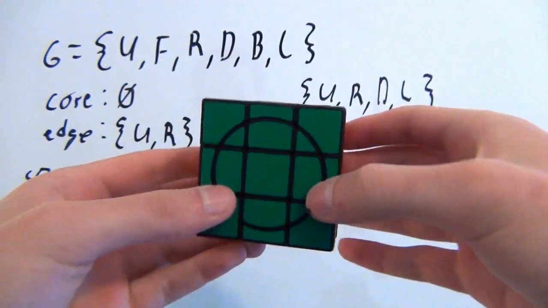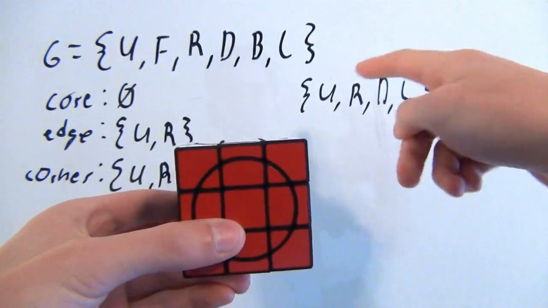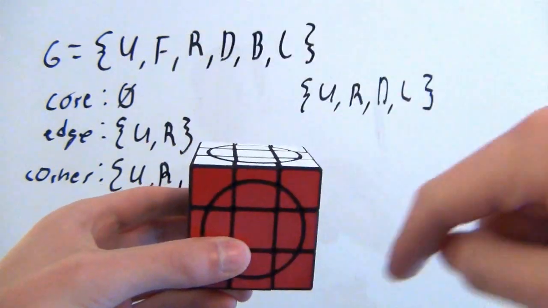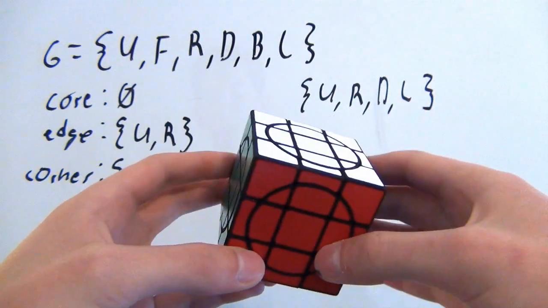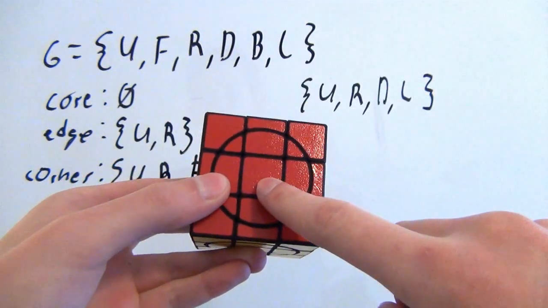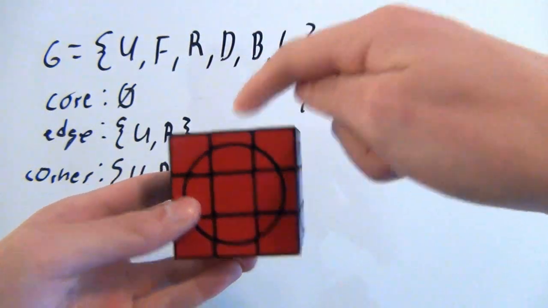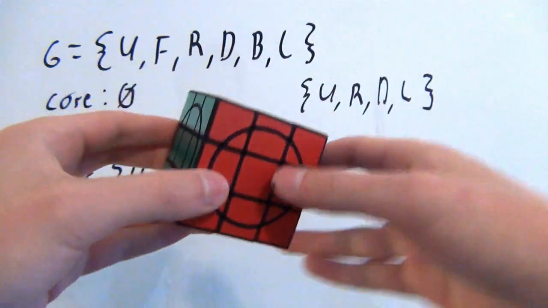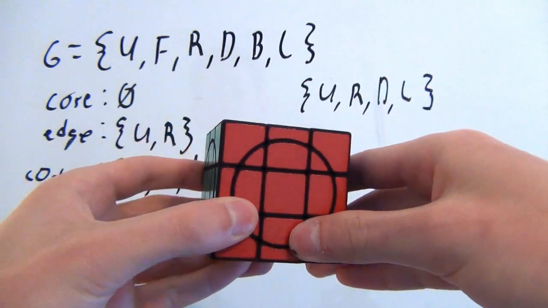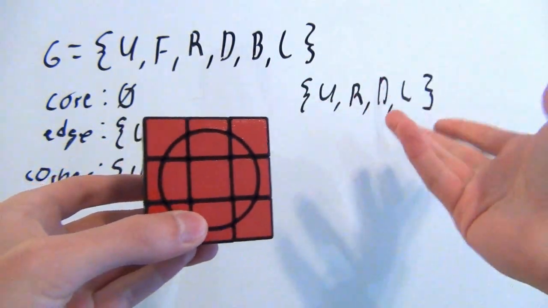Well, if we think about these 4 grips, those 4 grips are all along an equator on the puzzle. If we think about this as being the one piece we were focusing on, we have U, R, D, and L. So these 4 grips are all around this equator right here. Now another thing we can think about is what were the grips that weren't used?